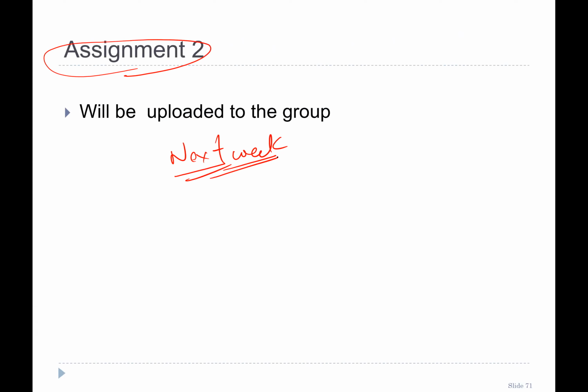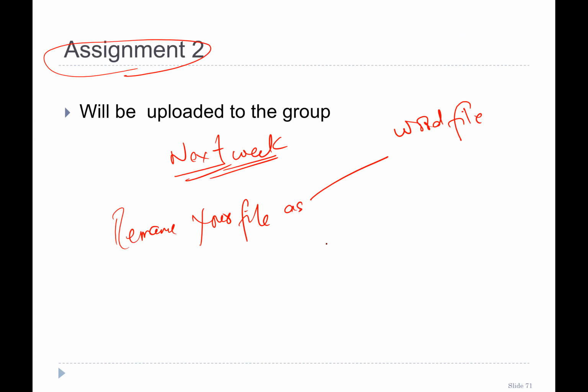Again, please rename your file. First, take pictures and paste them into a Word file, and then rename it. Three things must be in your file name: your student ID, no matter if it is first or last, your name, and assignment number.